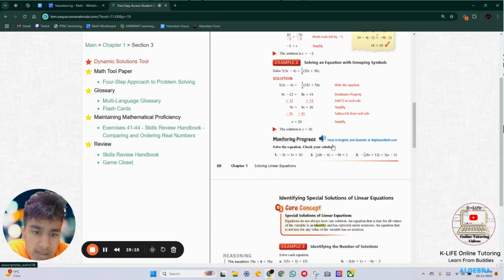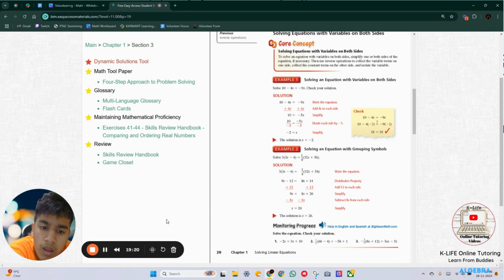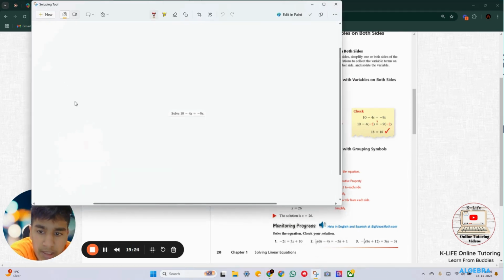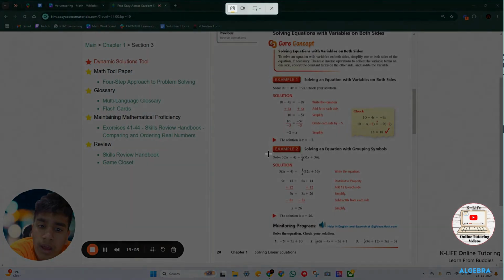Now this is solving an equation with grouping symbols. Okay. Now example 2, I'm just gonna take a snip. I know you see the answer, but I'm gonna still show it to you anyways.